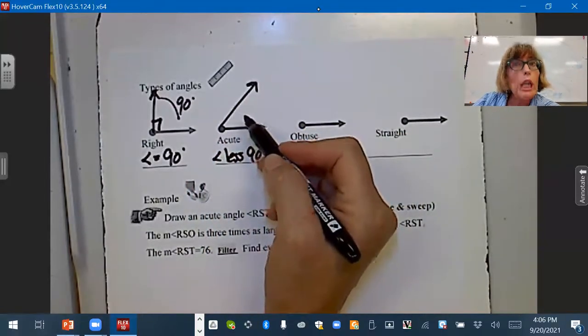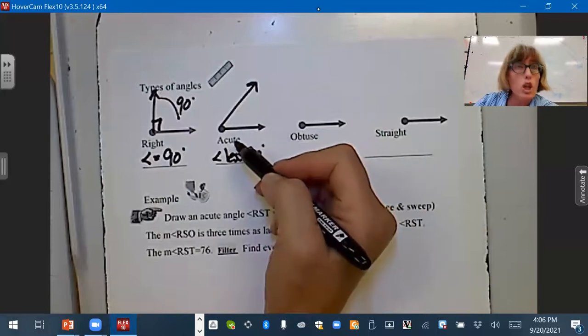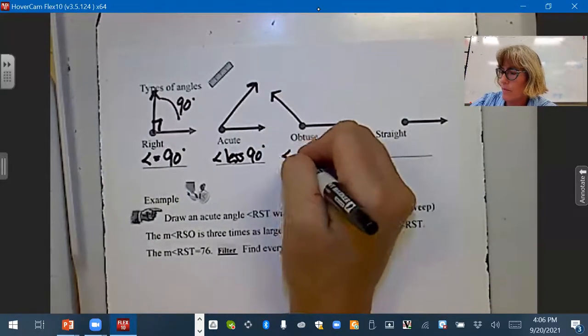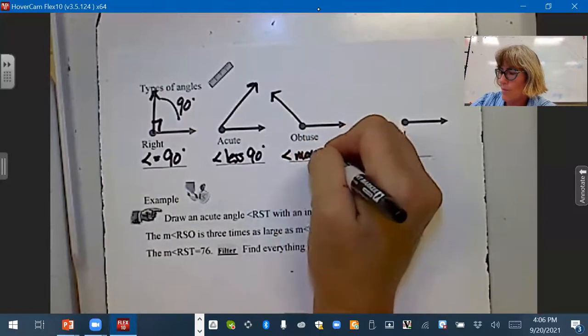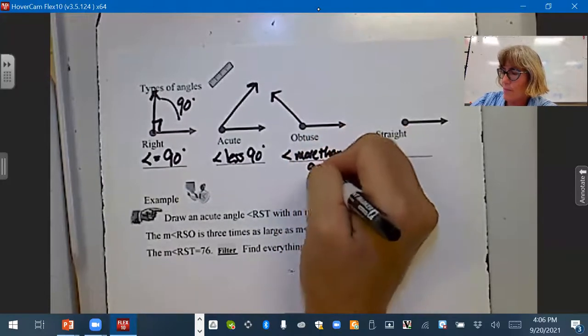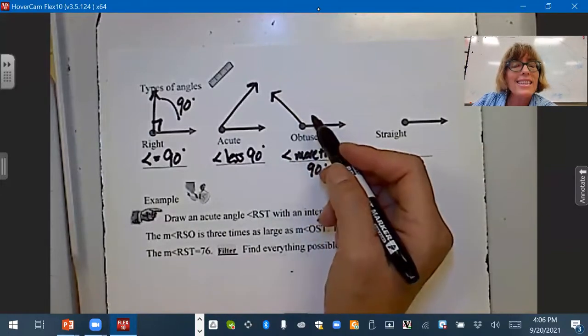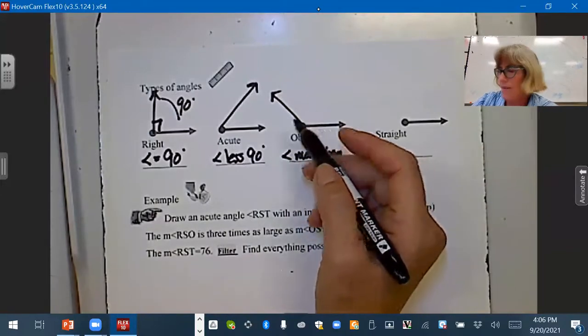If you have an angle less than 90, it's acute. If you have an angle more than 90, it's obtuse.